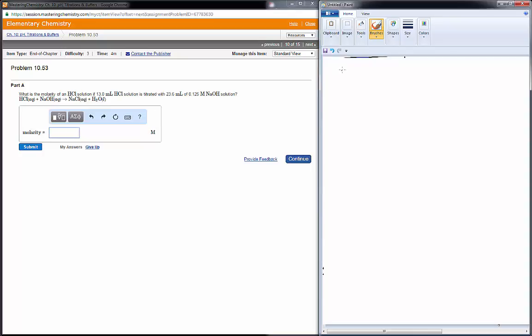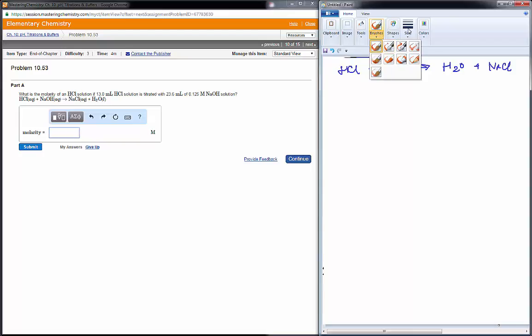First thing we do is look at this equation. HCl plus NaOH goes to form H2O, that's the H with the OH, plus NaCl. We make sure it's balanced. I've got 1 chlorine, 1 chlorine, 1 sodium, 1 sodium, 2 hydrogens, 1 oxygen, same thing here.